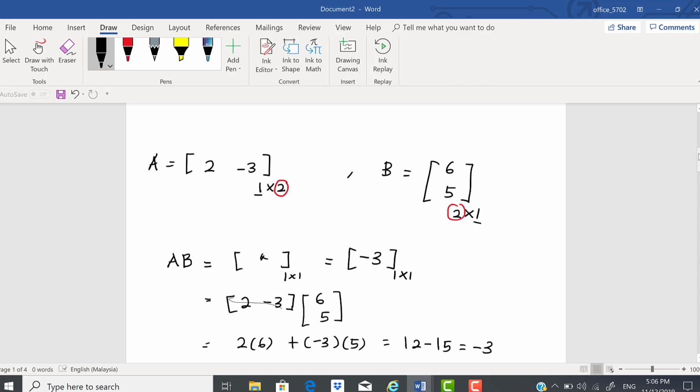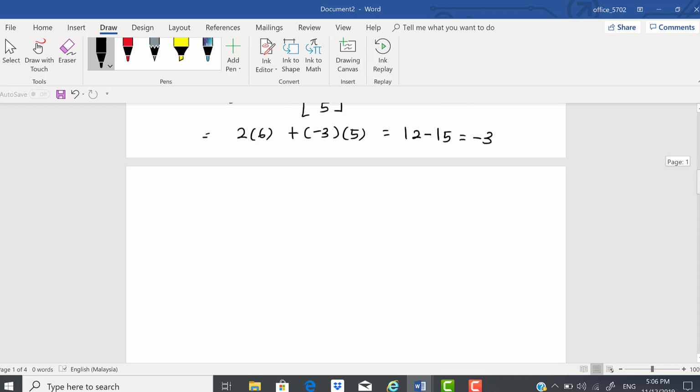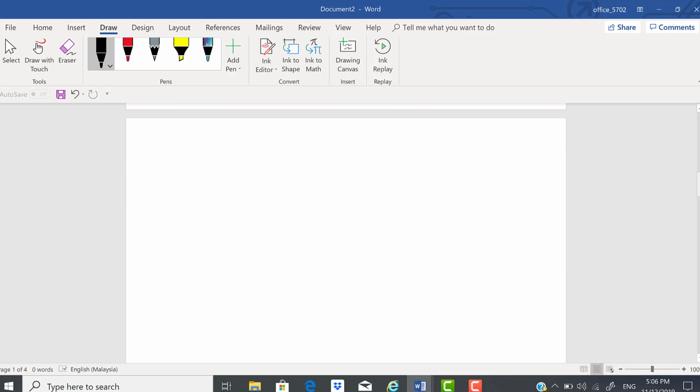So now we look at the second example. Okay, let's see. We have our A is equal to 2, negative 4, 3 and 2.